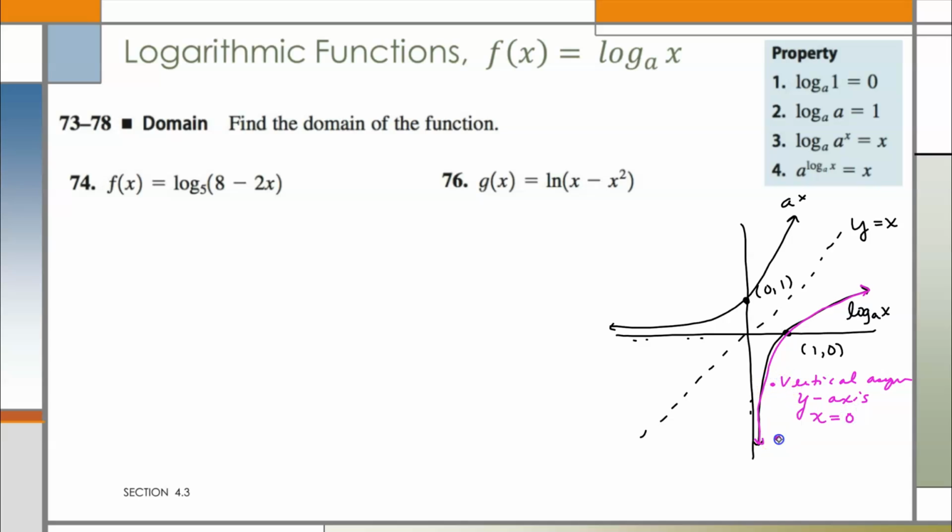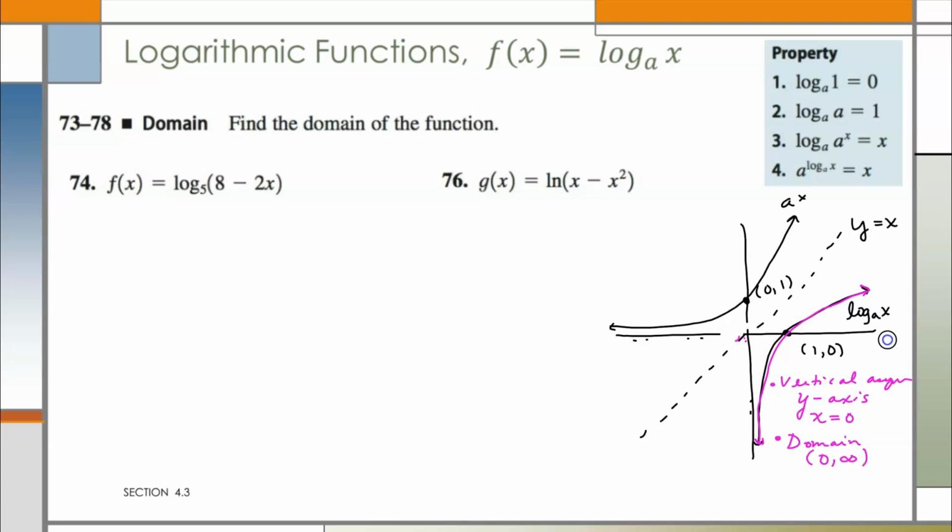When we look at the domain of the logarithmic function, those are your x values. Notice that x will never touch or cross 0, but goes to infinity. So there's our domain.